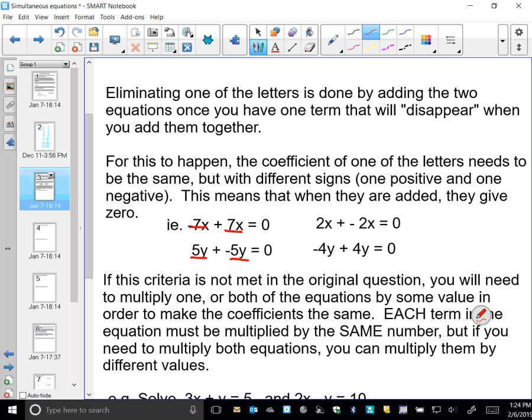You get the gist? So in order for things to be eliminated when we add them, we need to have the number in front of it the same, but different signs. So one has to be positive, one has to be negative. Okay, so far so good?